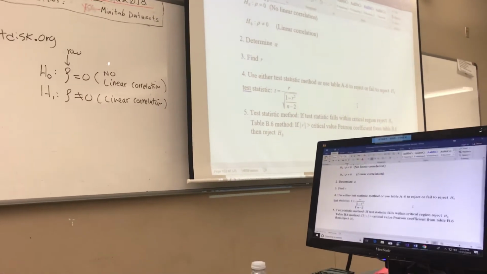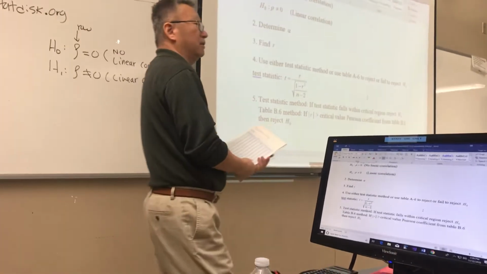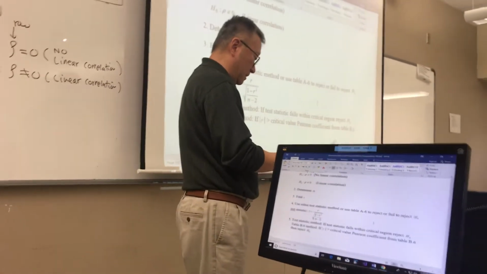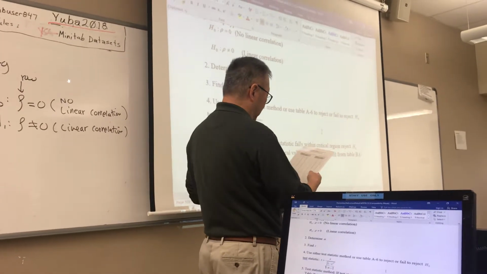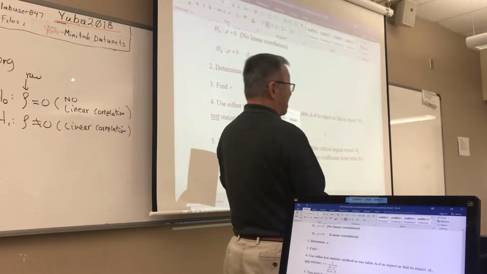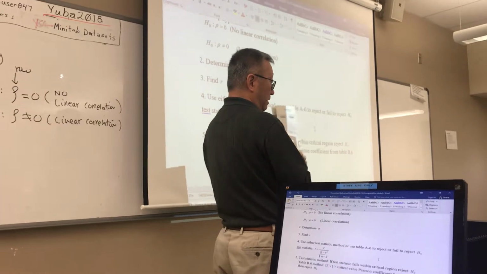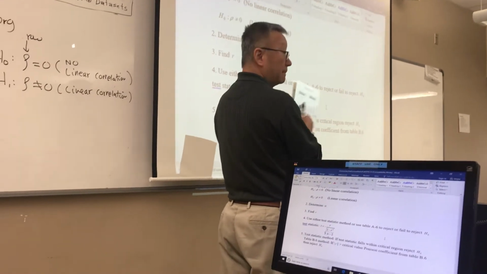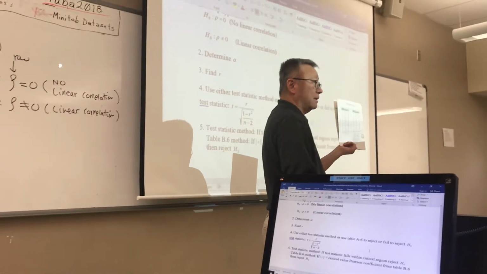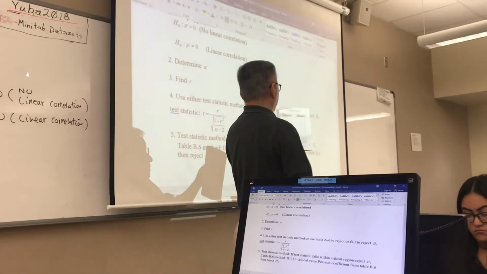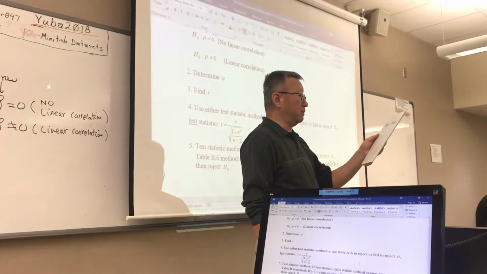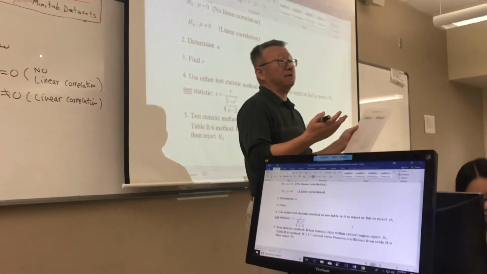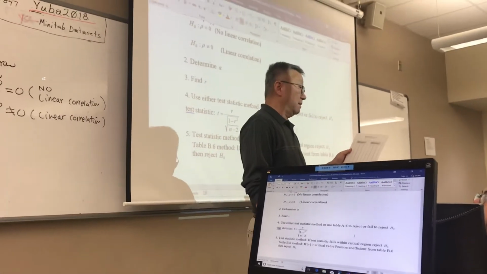Once you find the linear coefficient, we are going to compare that. If you look at table A5, it will tell you the two columns of significance level: alpha equals 0.05, and alpha equals 0.01.